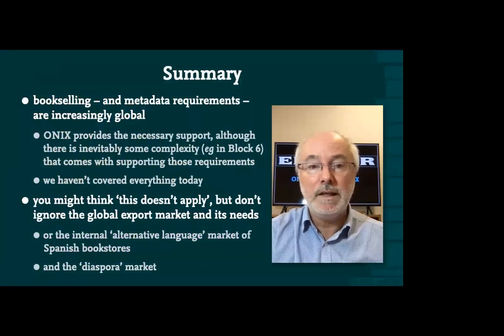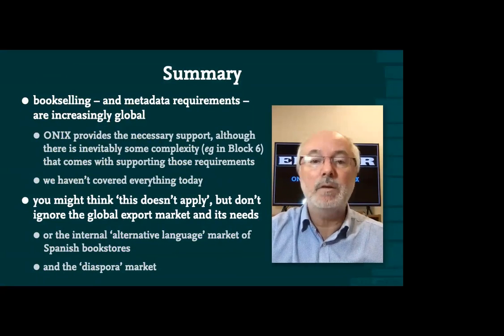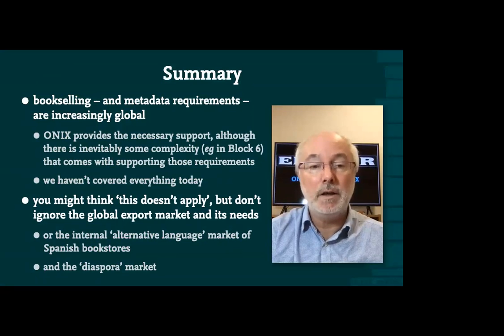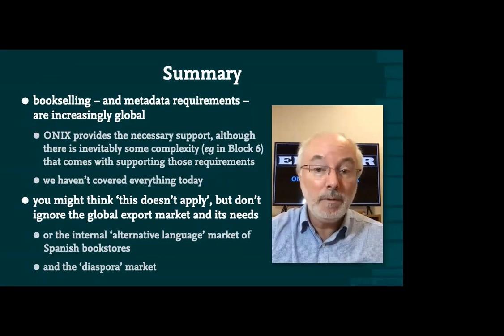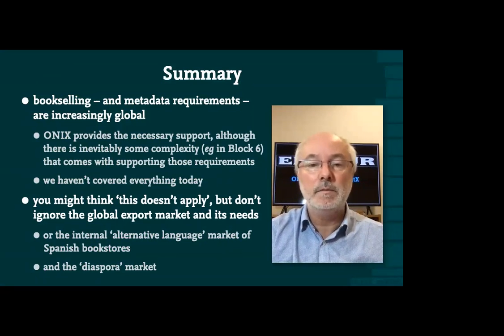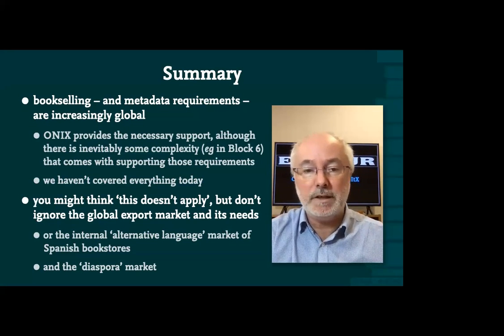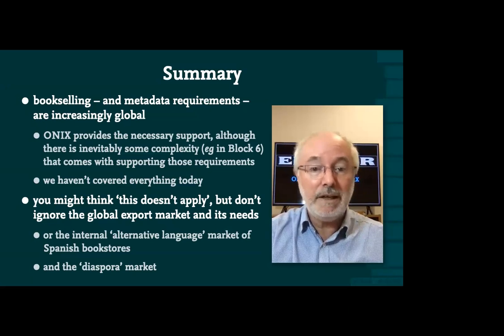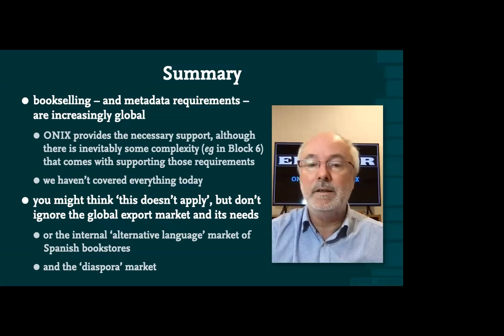So to round off this session, I'll say that the business of books has increasingly become a global business with global requirements for metadata. Of course, there are differences between how the industry operates in different countries, but the differences in metadata requirements were never that big, and if anything, they're decreasing.